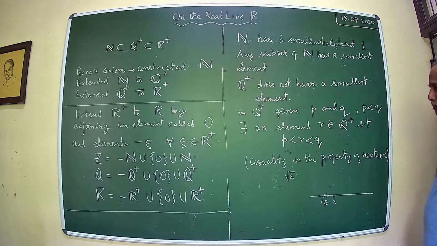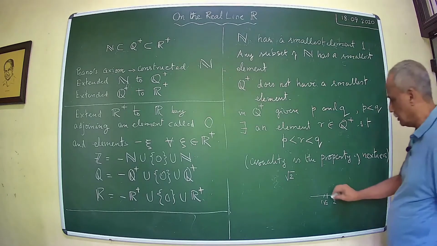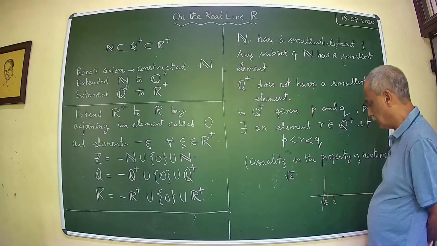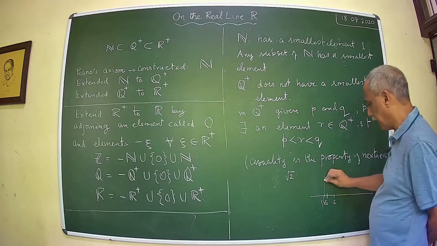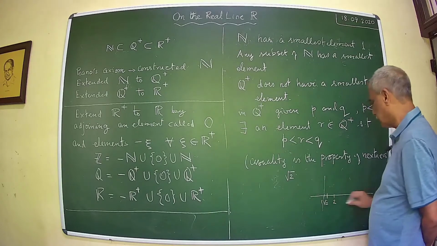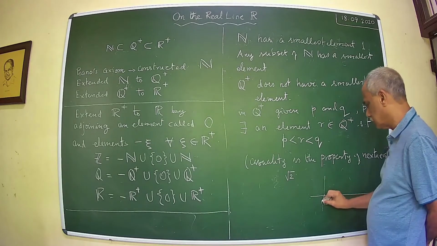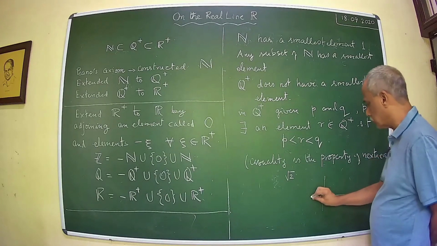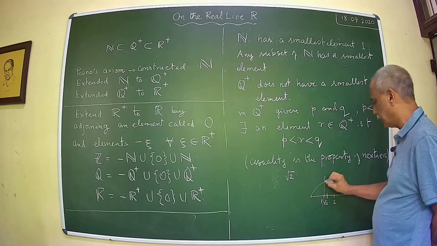That can be done by, see, you can construct a line orthogonal to this line. This is one thing. Okay. Then use the compass to mark out one unit here.